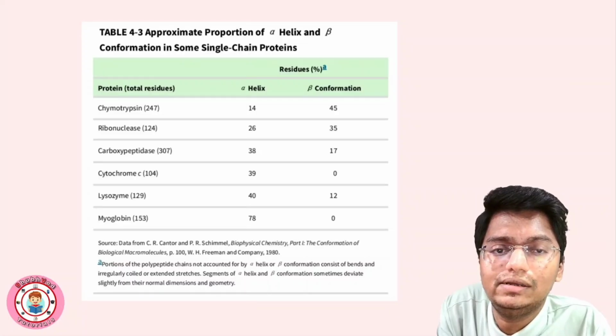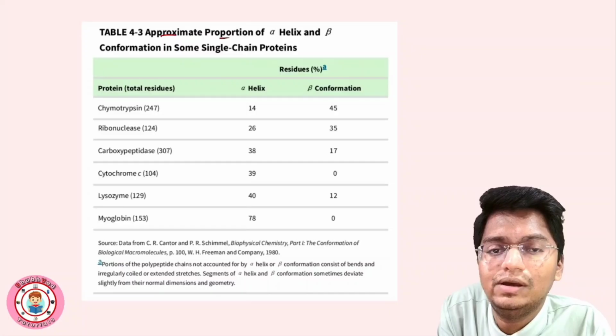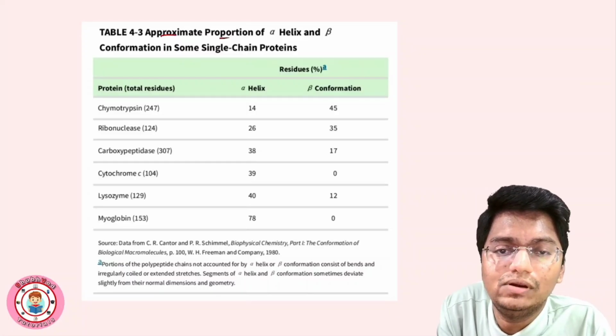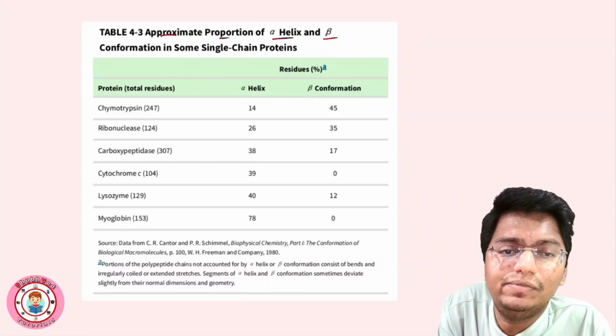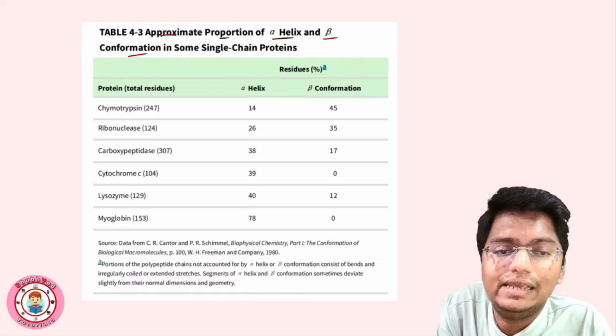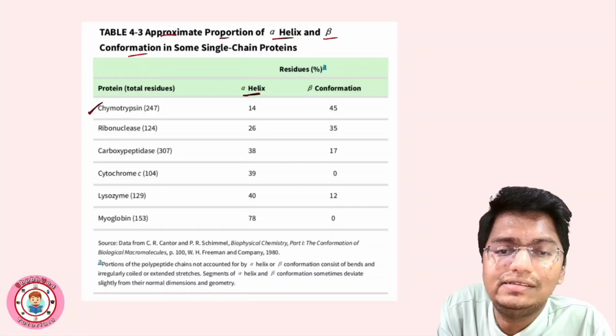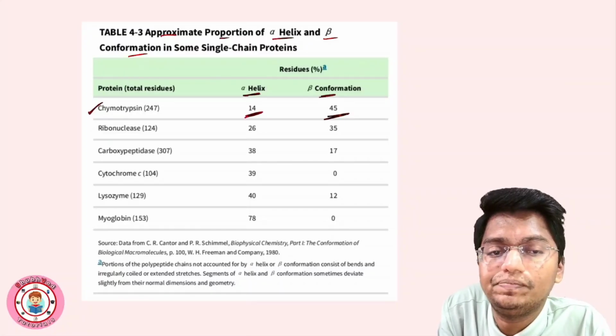Now in this table, just an approximation is given of alpha helix and beta conformation proportion you will find in different proteins. Like there is a protein chymotrypsin enzyme, alpha helix 14% you will find and beta conformation 45%.